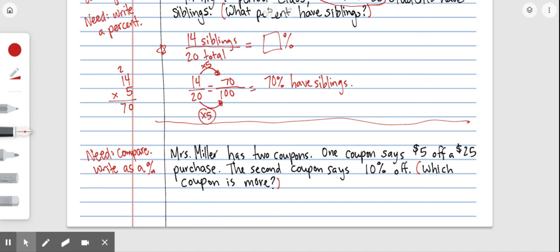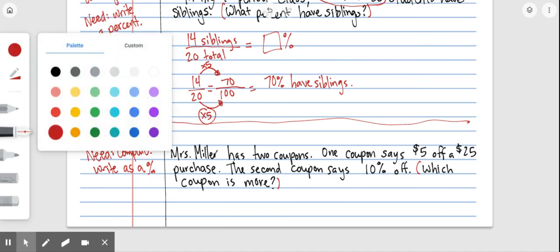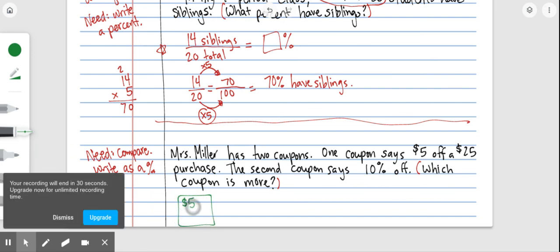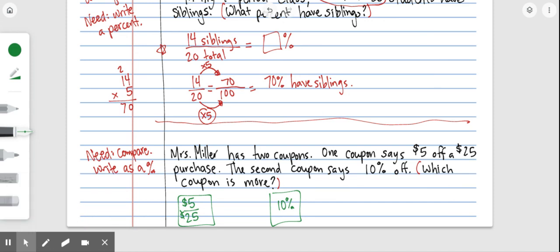So let's talk about these 2 coupons. Coupon number 1. The first coupon says $5 off of 25. Okay, the second coupon says 10% off. All right, I'm going to continue this in the next video.